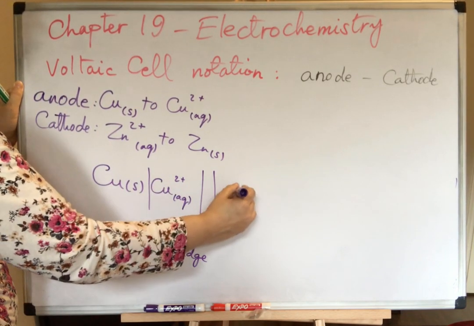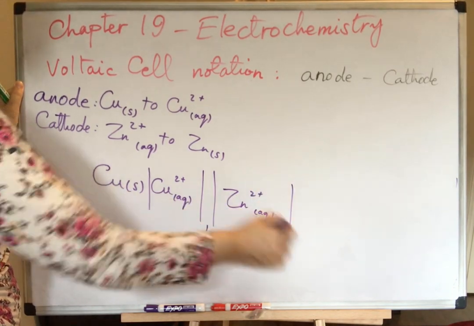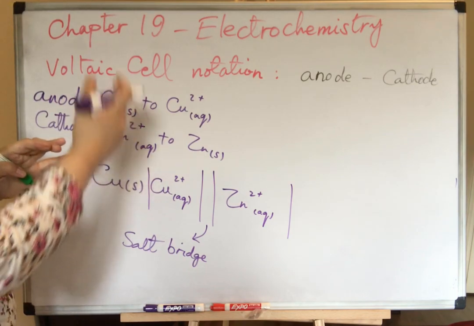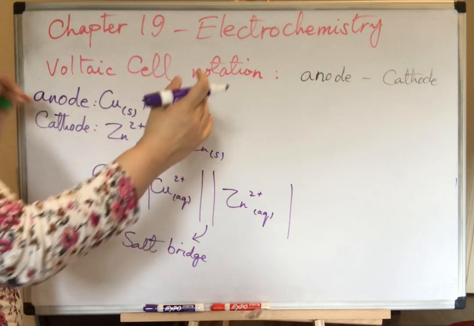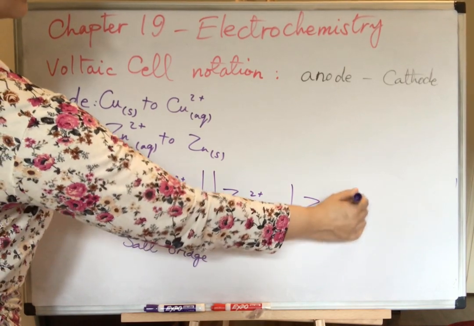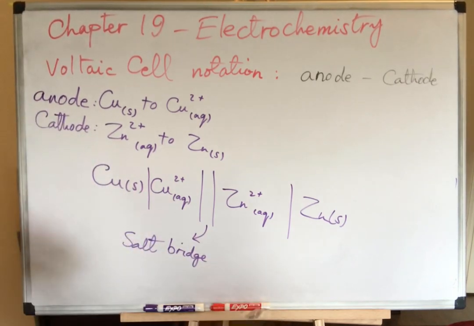Then on the other side we have zinc in the solution. Right? This is what you exactly see. The metal, solution. Salt bridge, solution, metal. That's the rule. That's how you write the notation.